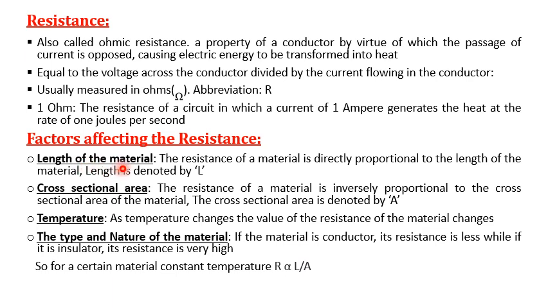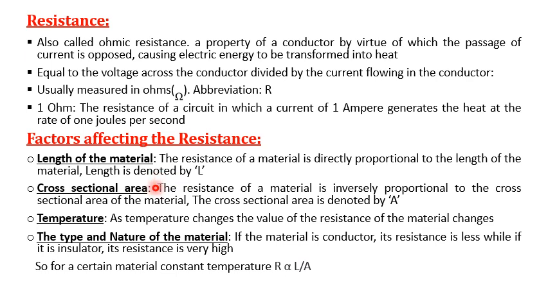The resistance of the material is directly proportional to the length of the material, denoted by capital L. If the length of the material changes, the resistance changes. If the length increases, the resistance increases. If the length decreases, the resistance decreases, because resistance is directly proportional to the length of the material.